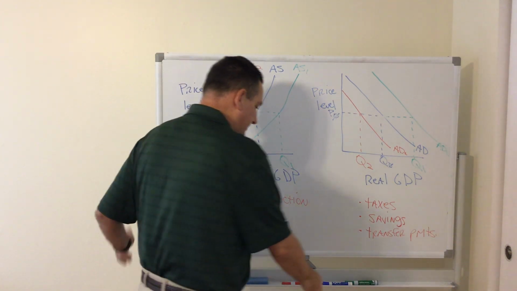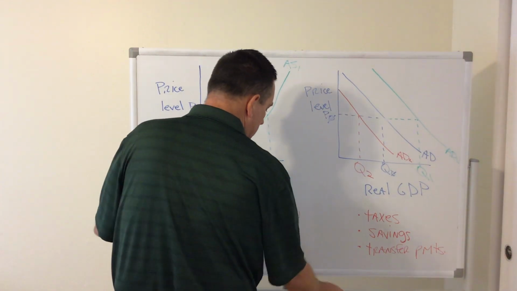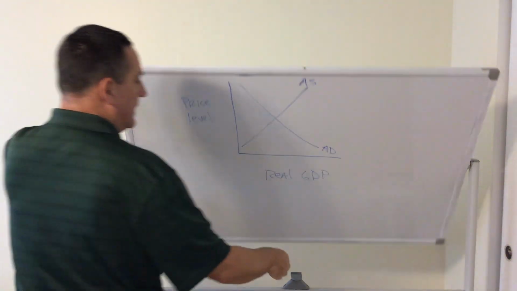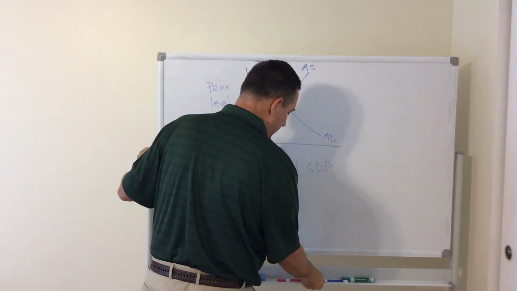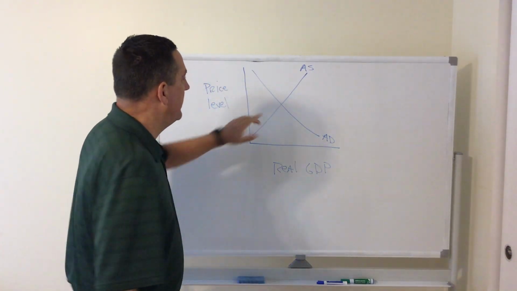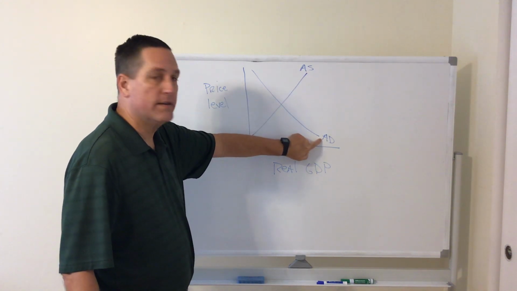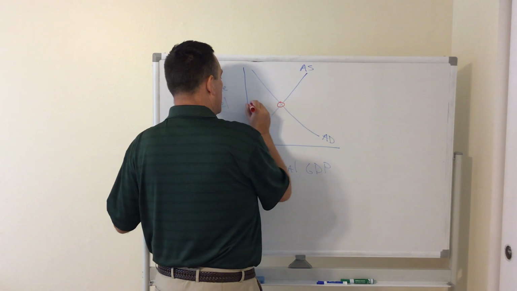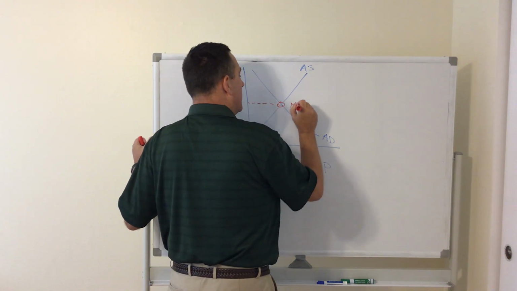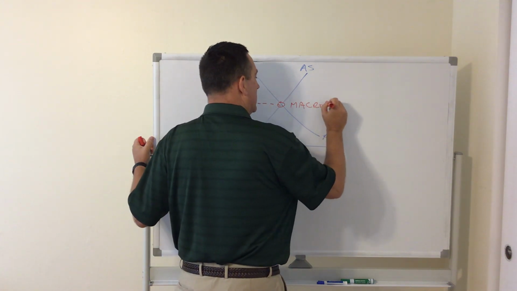All right. So what happens when we put aggregate supply and aggregate demand together? When we put aggregate supply and aggregate demand together on the same graph, we get to the point we call macroeconomic equilibrium.